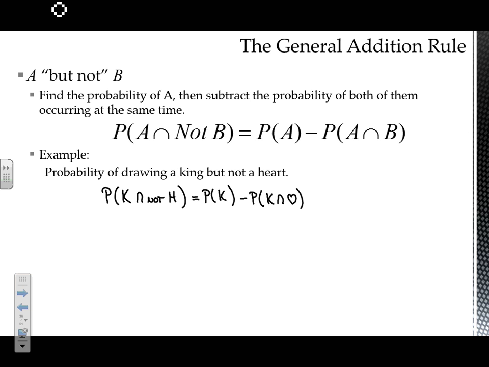So how many kings are in the deck? 4. So I'd have 4 out of 52. Minus how many kings are also hearts? 1. So we get an overall probability of 3 over 52, which we could reduce down or put in decimal form. Okay with that?